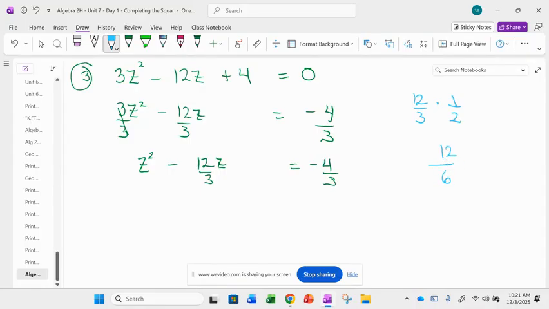Oh, this ends up working nicely. So if we do a half of 12 over 6, this time I would simplify this. What's 12 over 6? 2. So here we're going to have z squared. Oops, sorry. We got to square it. We got to add 4 to both sides. So plus 4 plus 4.